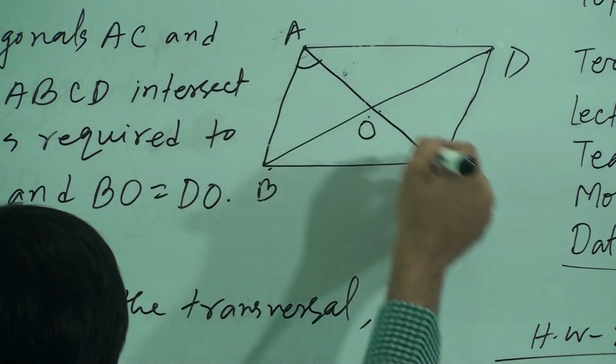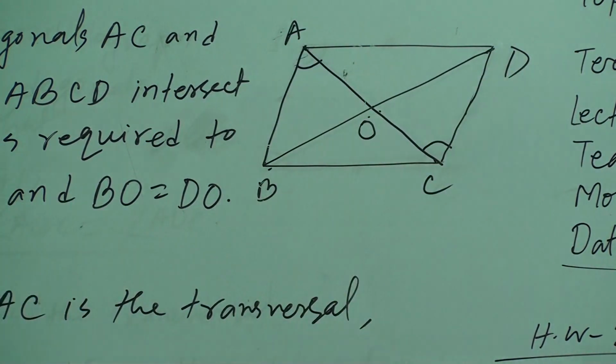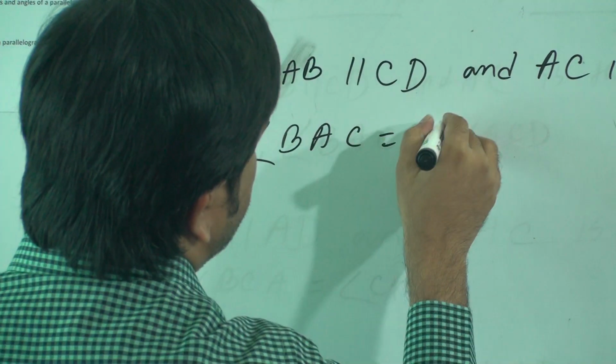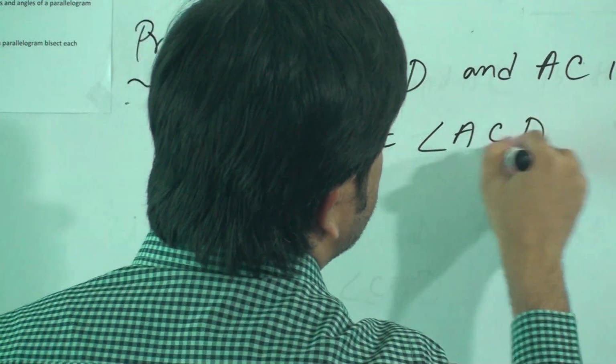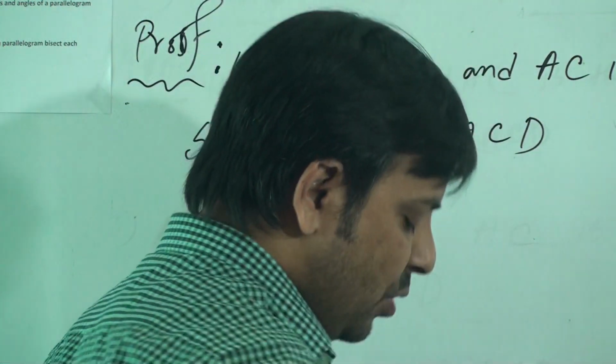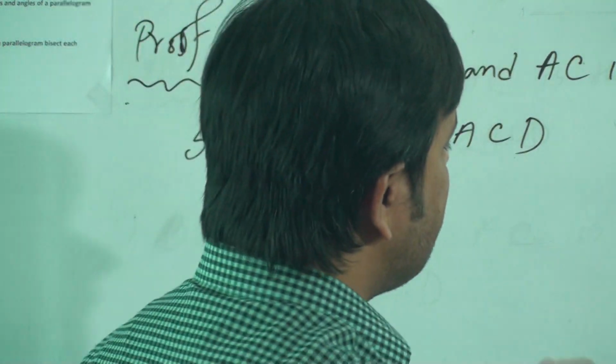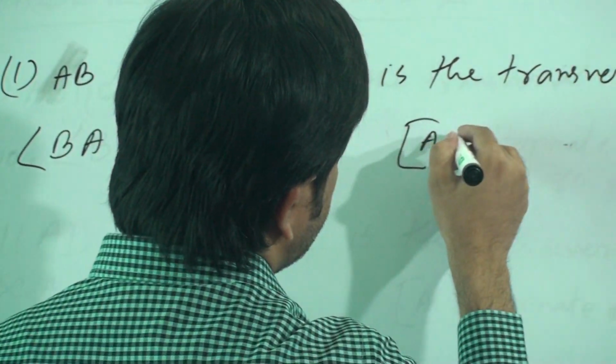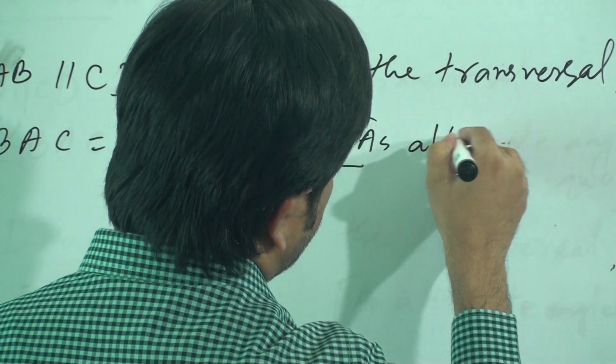So we can write angle BAC is equal to angle ACD. In the justification, we can write as alternate angles are equal.